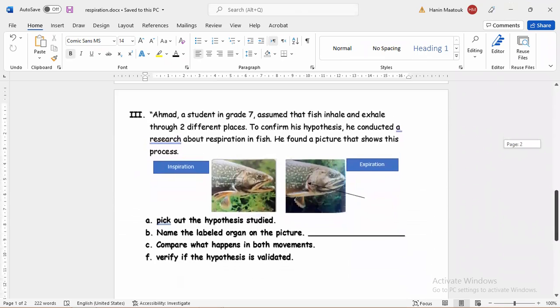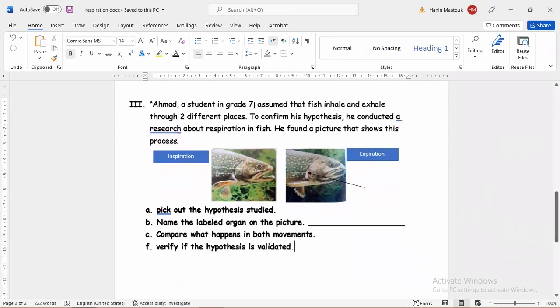The last question. Ahmed, a student in grade 7, assumed that fish inhale and exhale through different places. So he supposed that when fish breathe, the gases that enter and are released from its body are inhaled and exhaled through two different places.